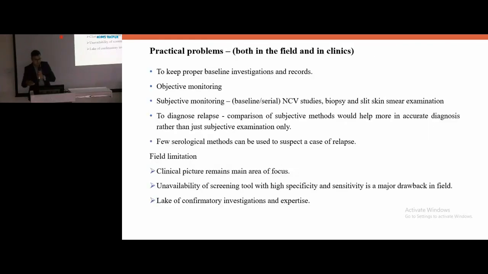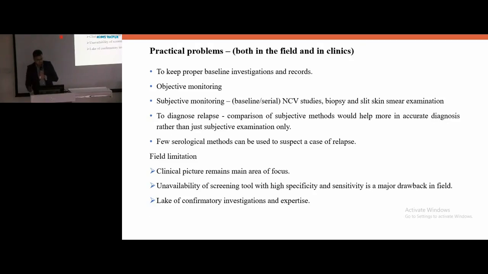So to summarize, our practical problems are that we do not have proper baseline investigations and records. Also, follow-up is very important. We do not have objective monitoring of these patients, and inter-observer variability is very high. I may palpate some nerve, you may not appreciate that nerve as being palpated, so subjective monitoring is also there.